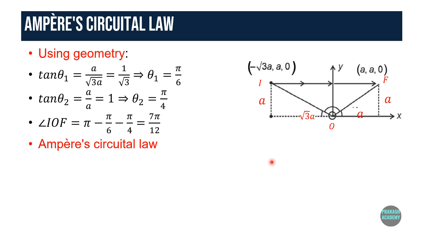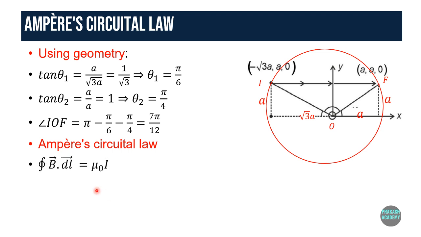Now, what is Ampere's circuital law? This law says the closed path integral of B dot dl is equal to mu naught times I. Now, if you consider this circle, the integral of B dot dl in this closed path will be equal to mu naught I. Now, this will be equally divided over the angle. So, this contribution mu naught I is coming from this part of the angle and also this part of the angle.